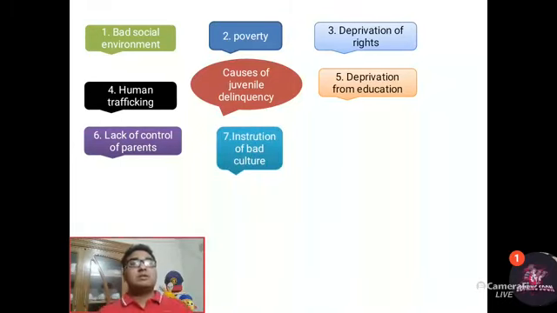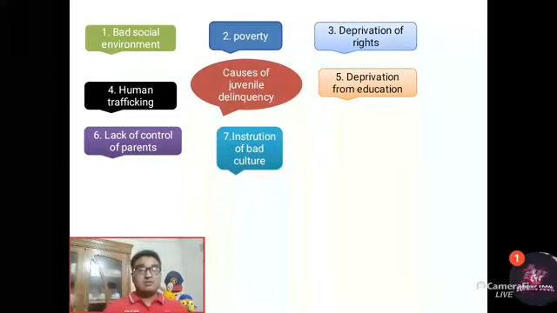Number seven, intrusion of bad culture. Intrusion of bad culture means a strong or influential culture dominates a relatively less strong culture. For example, the Indian Hindi culture influences our Bengali culture. So this is called the intrusion of bad culture.